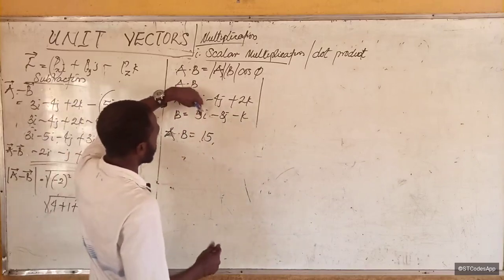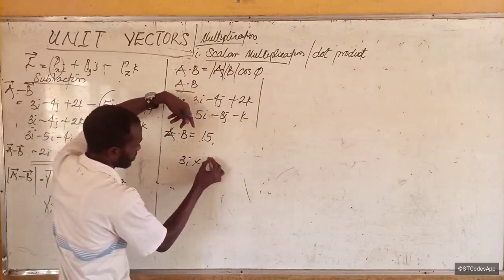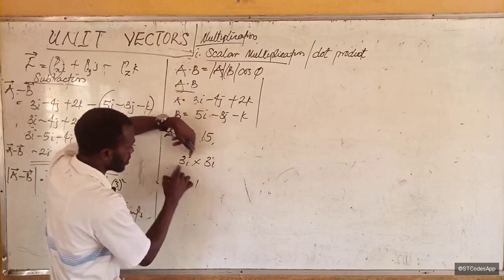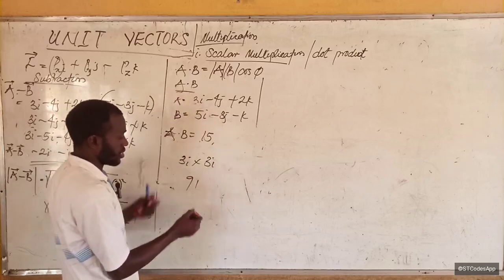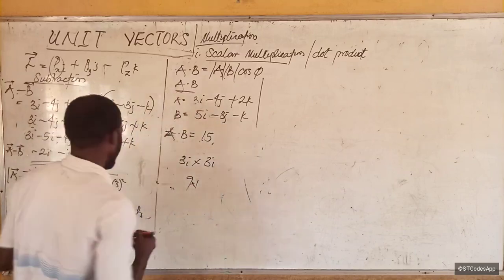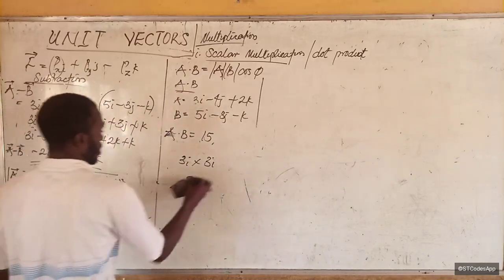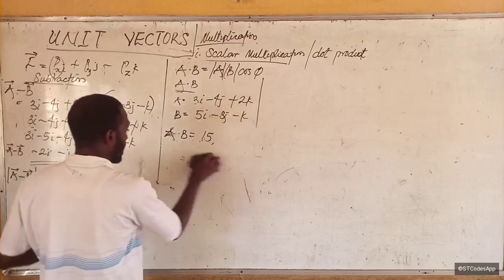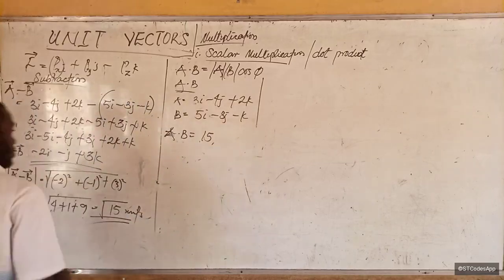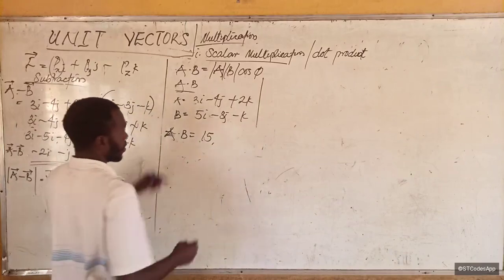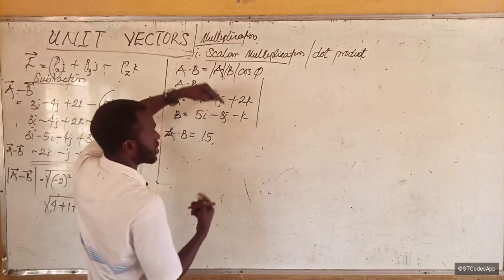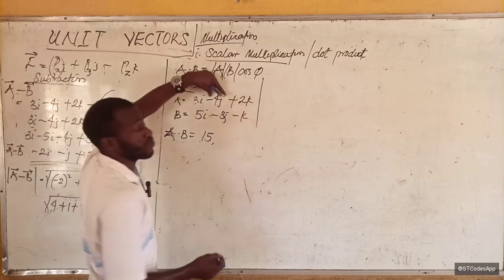Because 3i dot 5i is simple: 3i times 5i, i times i is 1, 3 times 5 is 15, and 15 times 1 is 15. So it doesn't change; i disappears. That's what I wanted to say. And if you do this times this, you get 0. This times this is 0. So you just move on to the next.